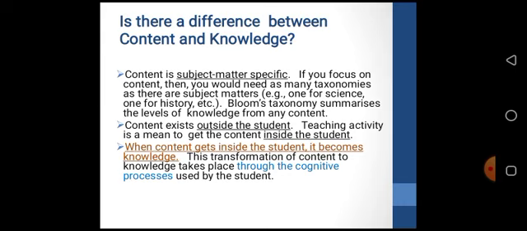If a teacher transfers the content into students, at that level the content becomes knowledge. The transformation of content to knowledge takes place through the cognitive processes used by the student.